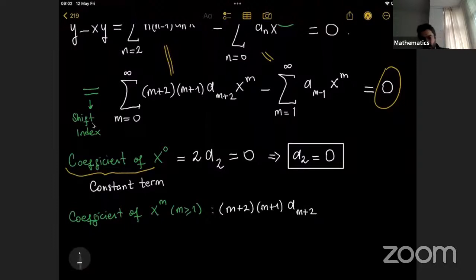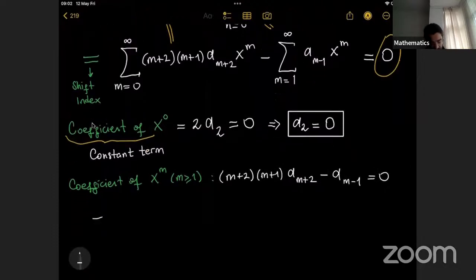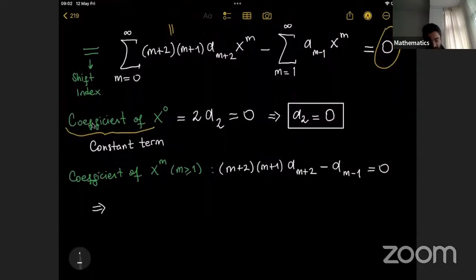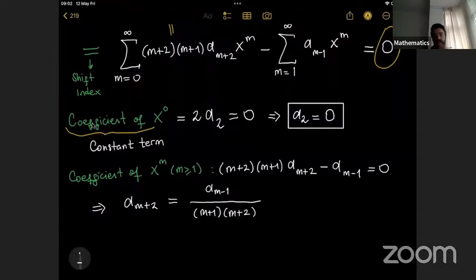In the second sum, we have minus a m minus 1. And this is equal to 0, right? So this tells you basically we get a recursive relation for the coefficient. a m plus 2 is equal to a m minus 1 over m plus 1 times m plus 2. Okay, so we get that.